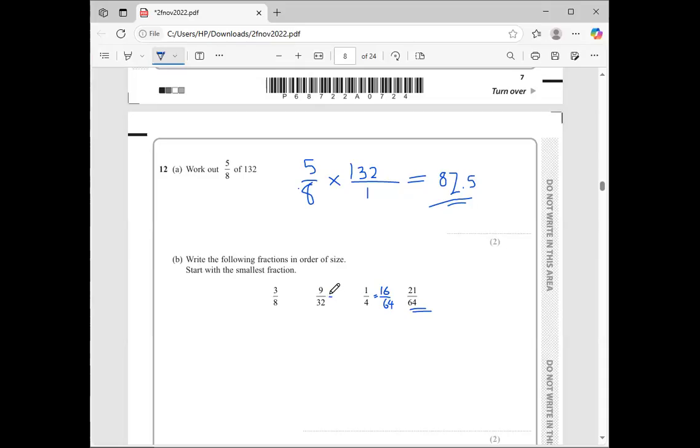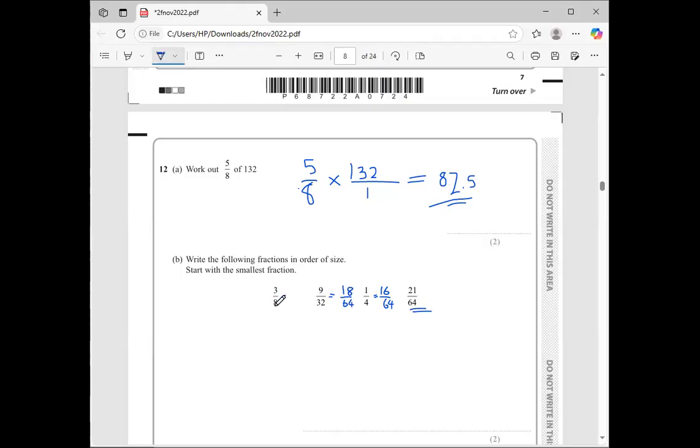Yes. Now, same thing with this one, 32 and 64. 32 times 2 will give you 64. So that's going to be 64 at the bottom, and you must multiply by 2 at the top, and that's 9 times 2, which is 18. Do you agree with that? Yes.